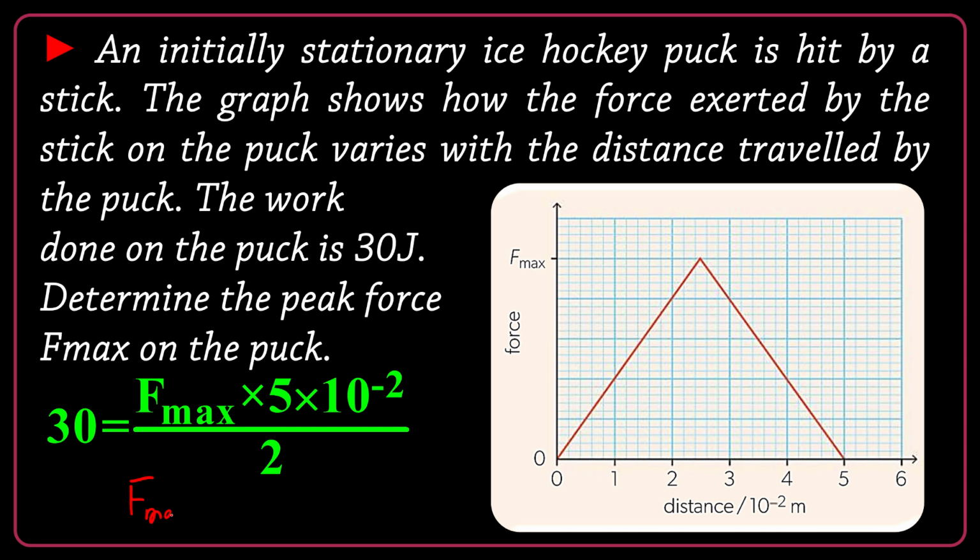Actually, F max is 2 times 30 divided by 5 times 10 to the negative 2. That's all. It's 60 divided by 5, which is 12. So it's 12 times 10 to the 2. The answer is going to be 1200 newtons. This is the value of the peak force.